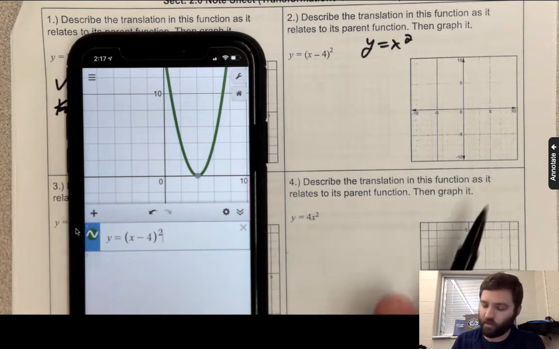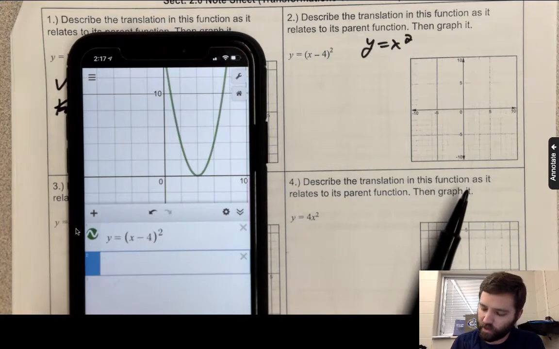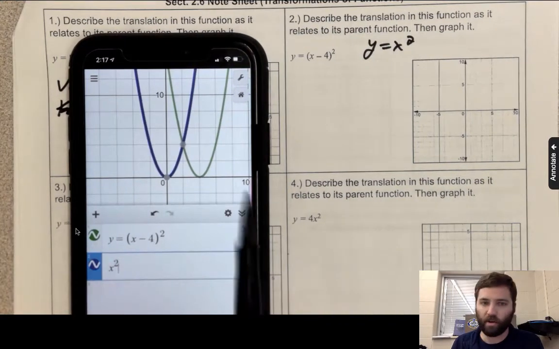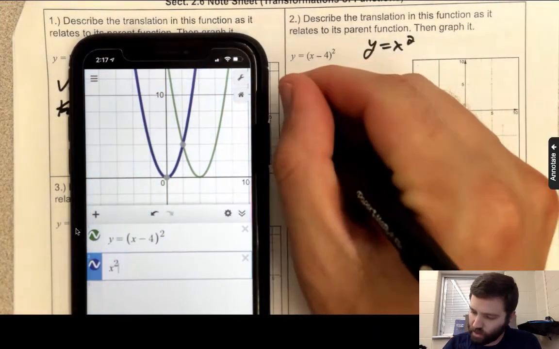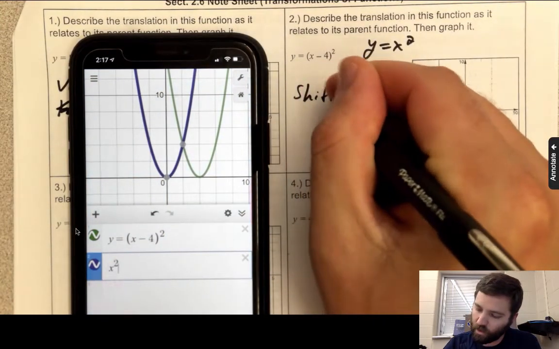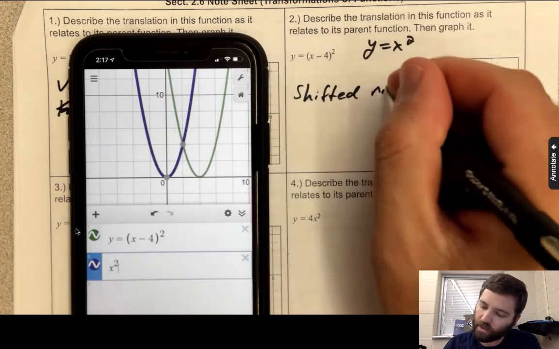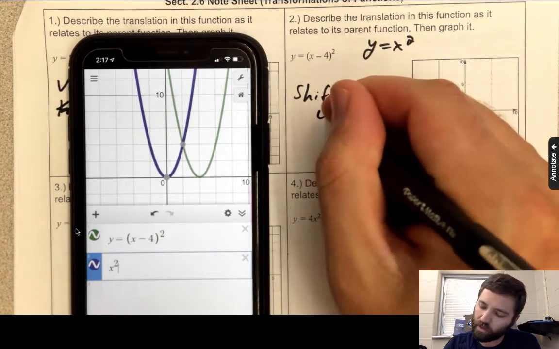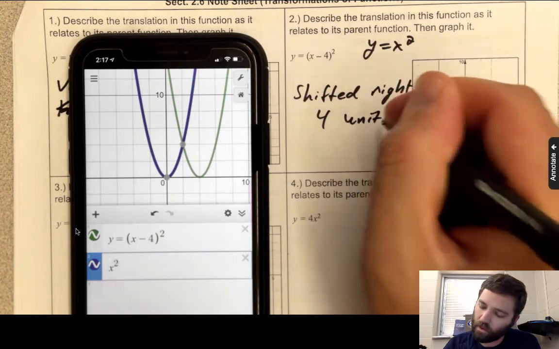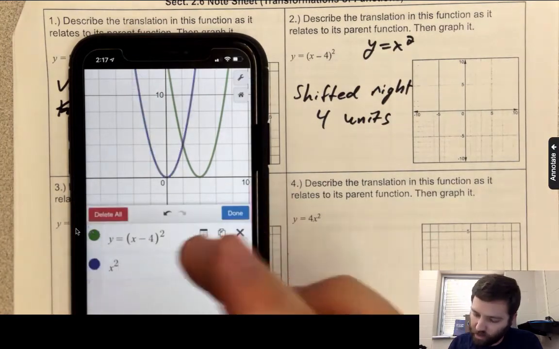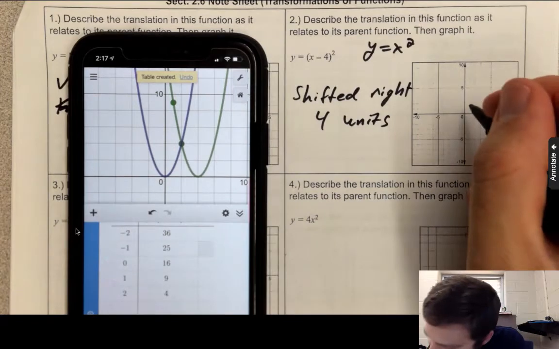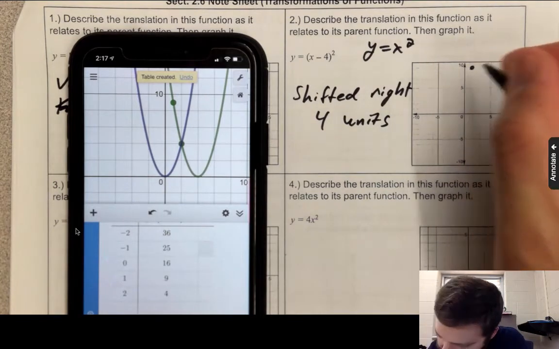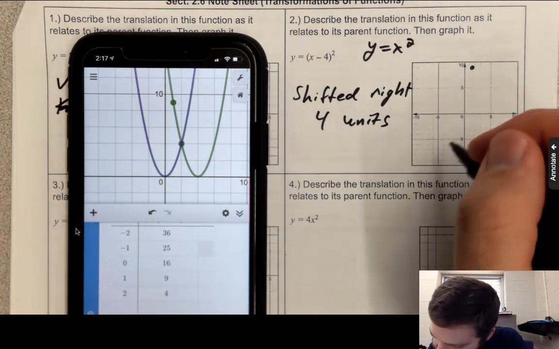All right, so if we compare that to x squared, you can see that the graph has been shifted to the right 4. So we'd say shifted right 4 units. Okay, and then we can just real quick turn this into a table, grab a couple of points. So we have 1, 9, and we have 0, 16.